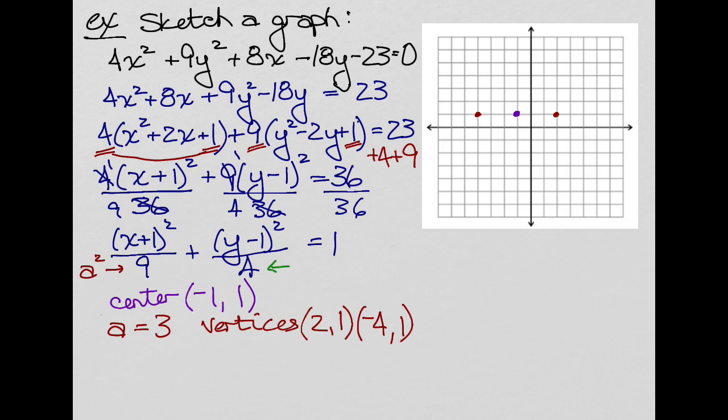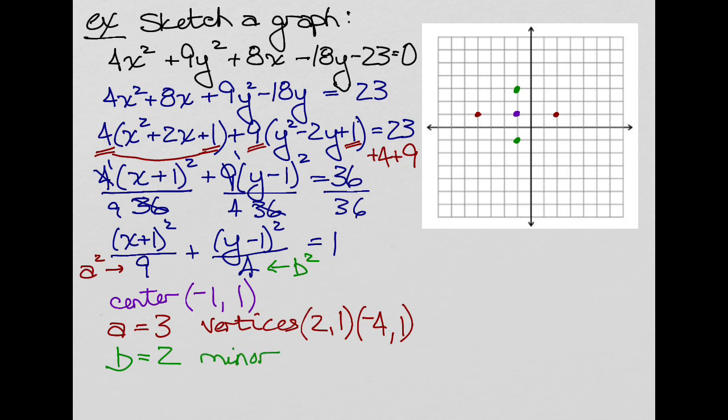B squared is with the y term then. If b squared is 4, then b is 2. And that's going to help us find the endpoints of the minor axis. I'm going to go from the center parallel to the y-axis, vertically, a distance of 2.